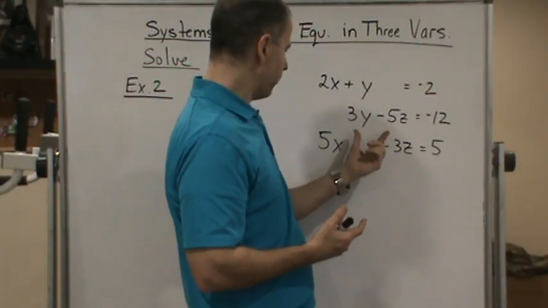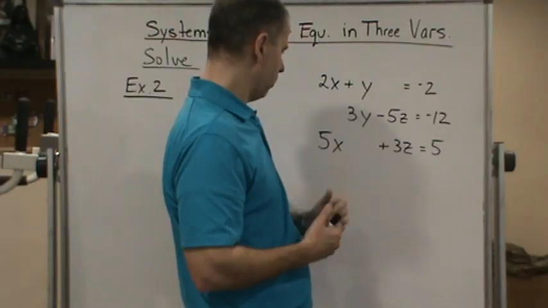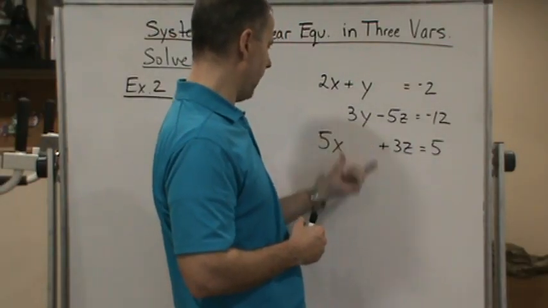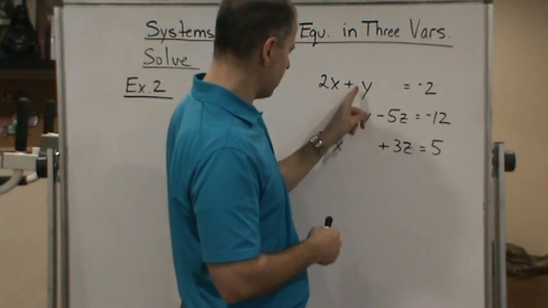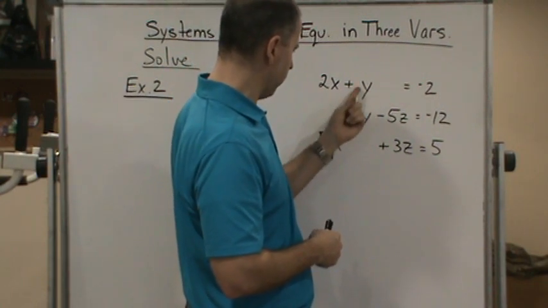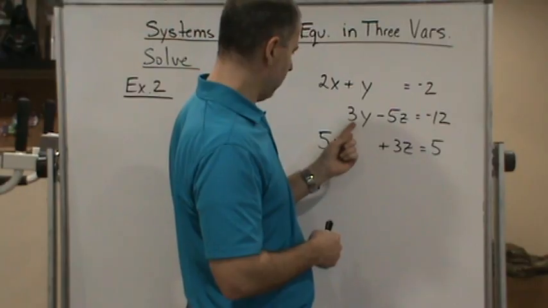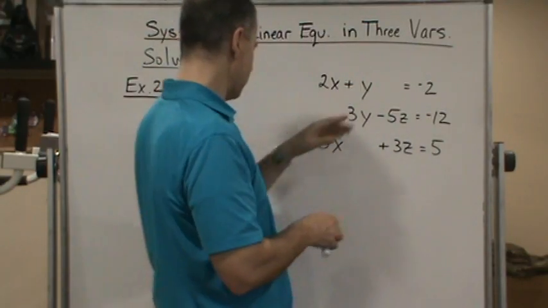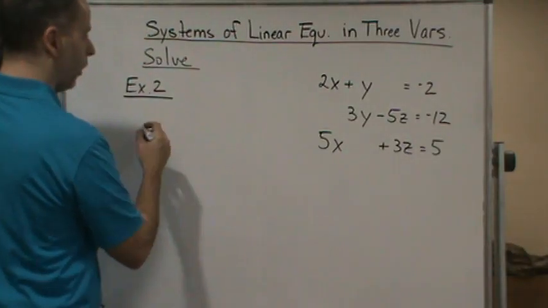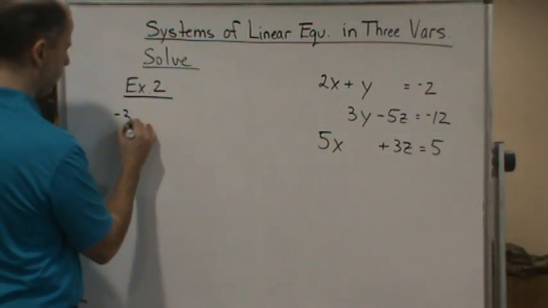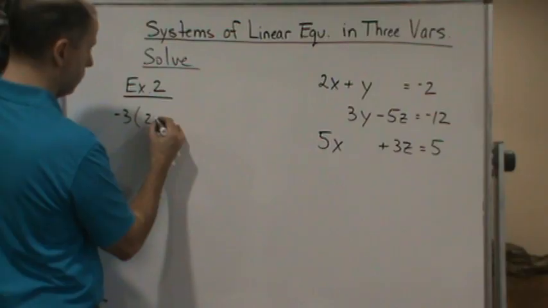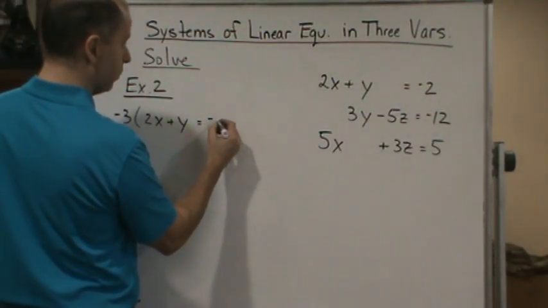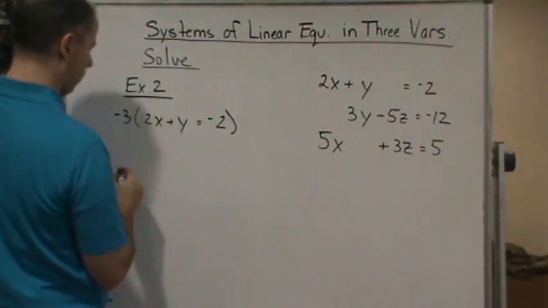We could also use these two and eliminate this variable and have x and y, but in this case it's going to be easier to use these two because we've got a y here and a 3y here, so all we have to do is multiply the top by -3. So let's do that, okay? So the first thing is I'm going to do -3 times the first one, which is 2x plus y equal to -2, right?